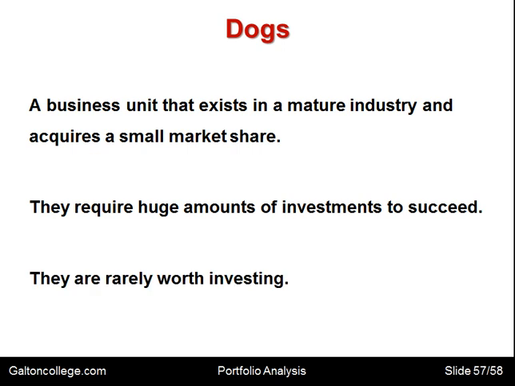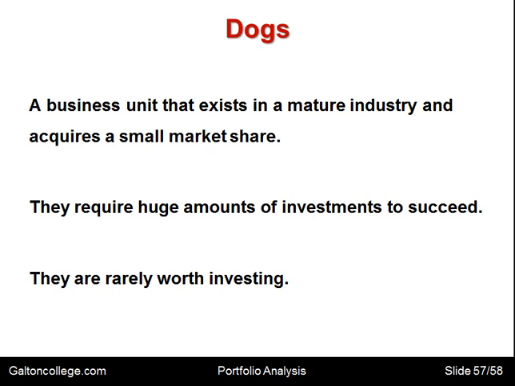They are not growing and they have a small market share. So they're not really worth investing in. And the business will be looking, chances are, to divest their interest in these types of product, in these SBUs. They will look to sell them off if they can. So try to get rid of them.